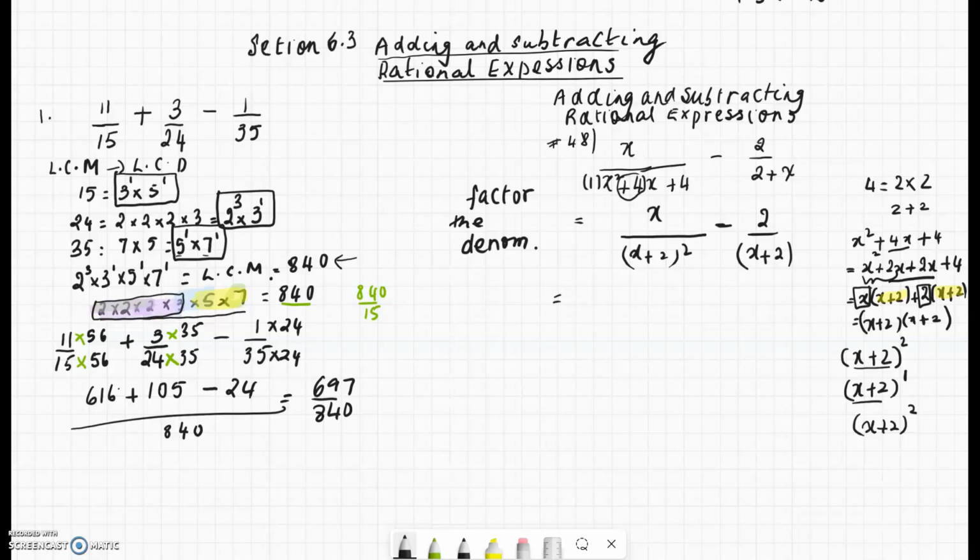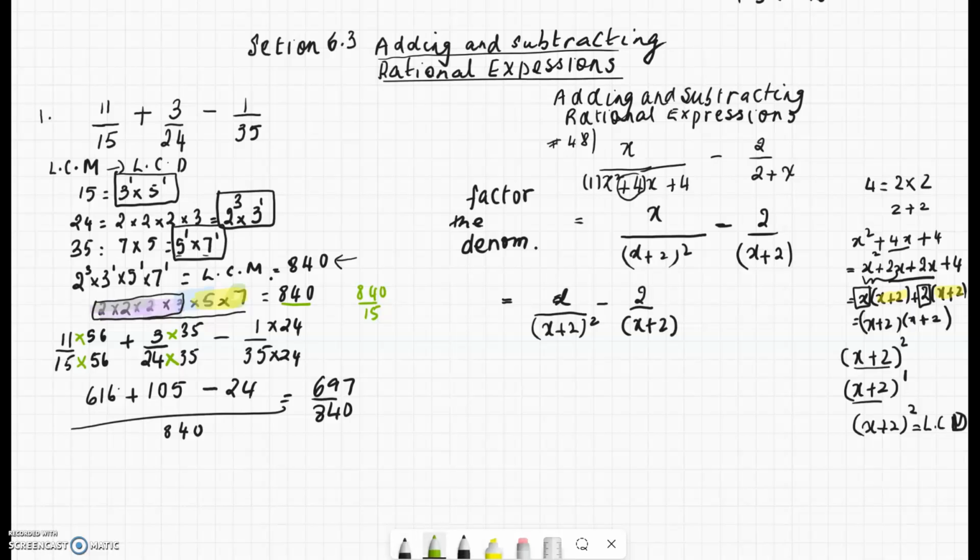So our LCD, or the least common denominator, is x plus 2 the whole squared. So let's write this down: x over x plus 2 the whole squared minus 2 over x plus 2.